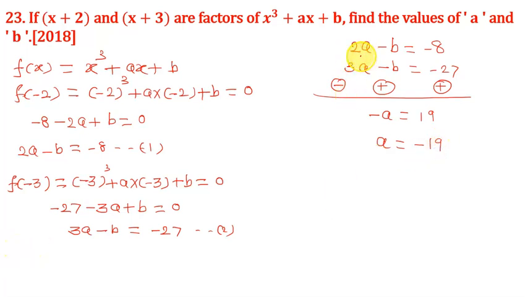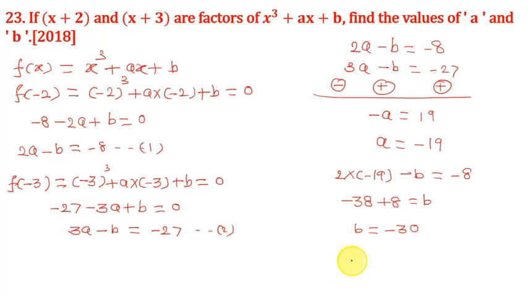Next, to find the value of b, put a is equal to minus 19 in equation number 1, that is 2 into a. A means what? Minus 19, put in equation number 1, minus b is equal to minus 8, that is minus 38 plus 8 is equal to b, and it implies that b is equal to minus 30.